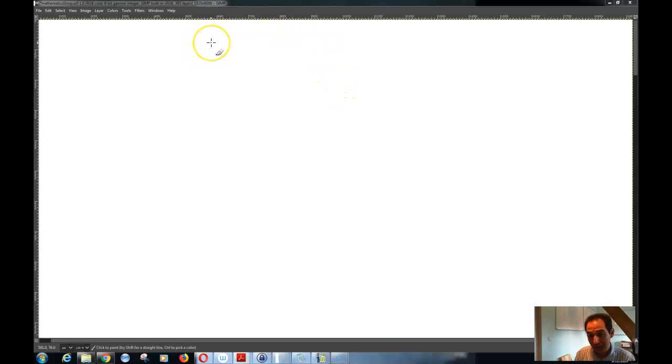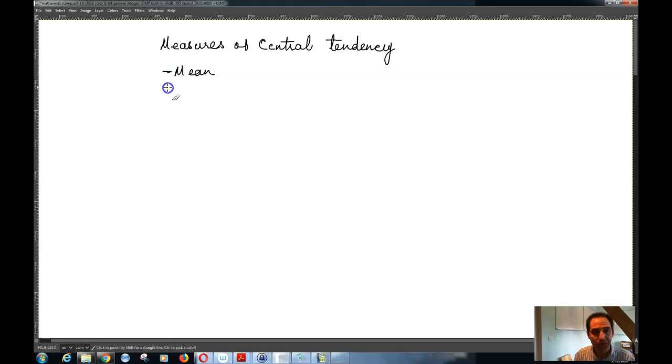So there are three measures of central tendency, namely the mean, the median, and the mode.